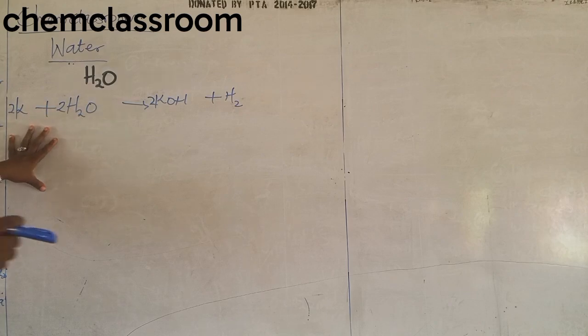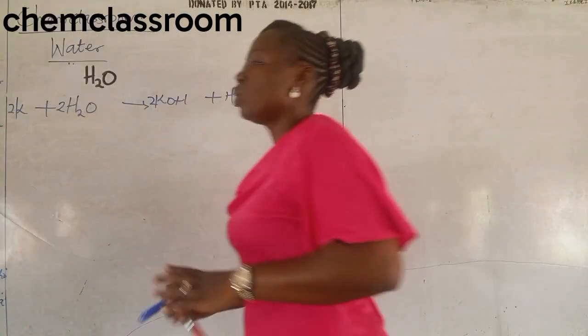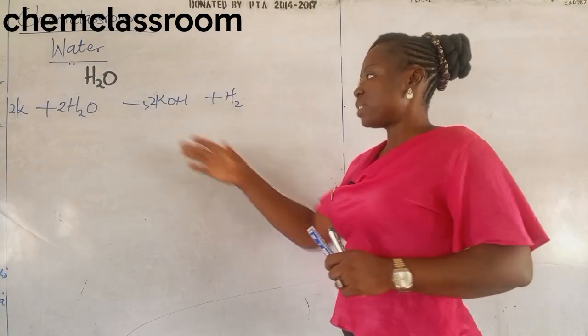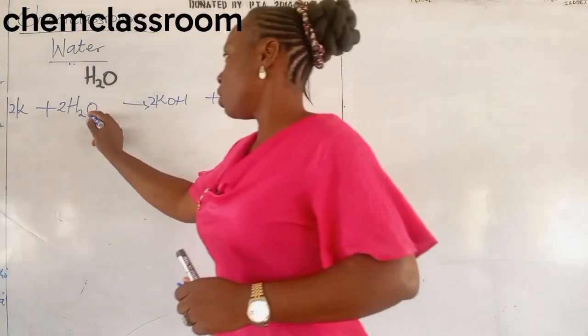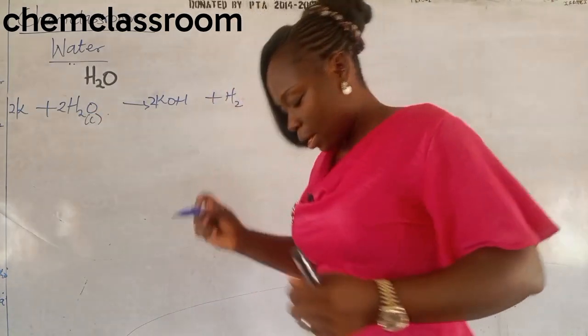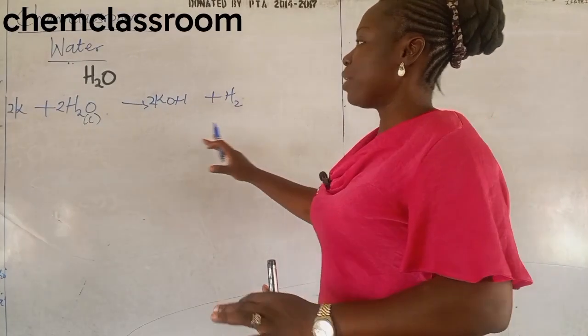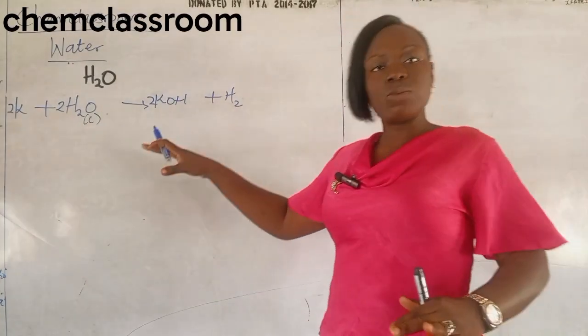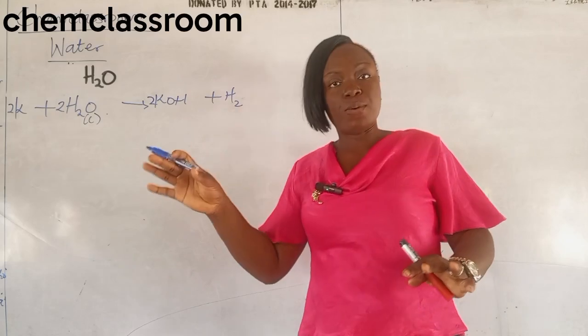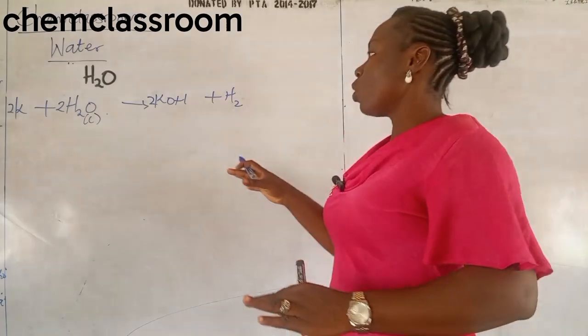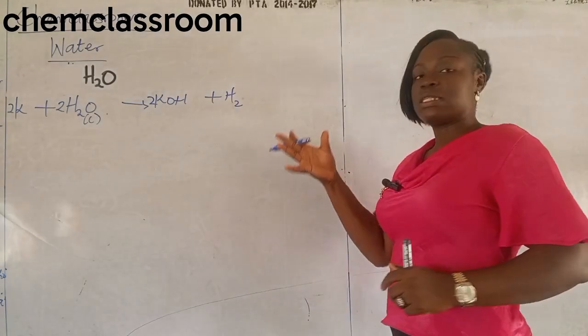Now there are some of these metals that do not react with water in the liquid state. Like your magnesium and your zinc, they react with steam, which is the water vapor, to give hydrogen gas and oxide.